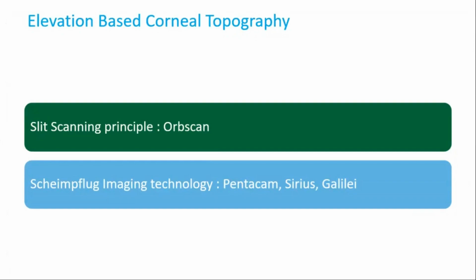Coming to projection-based or elevation-based corneal tomography, under this we have two types of technology: slit scanning technology and Scheimpflug imaging technology. Under slit scanning, we have Orbscan, and the advanced machines based on Scheimpflug technology are the Pentacam series and Galilei.